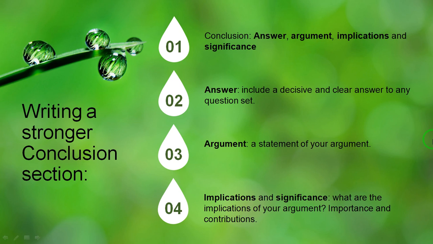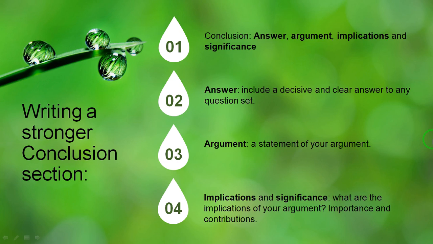How to write a stronger conclusion section. First thing first is you have to have an answer, argument, implications, and significance. In your answer, you have to include a decisive and clear answer to any question that you have set before. You have to have a statement of your argument.